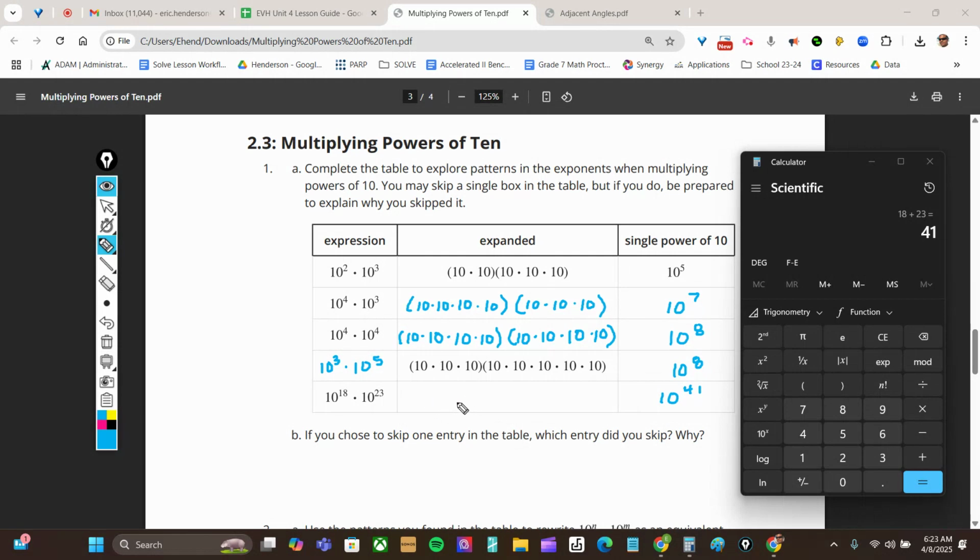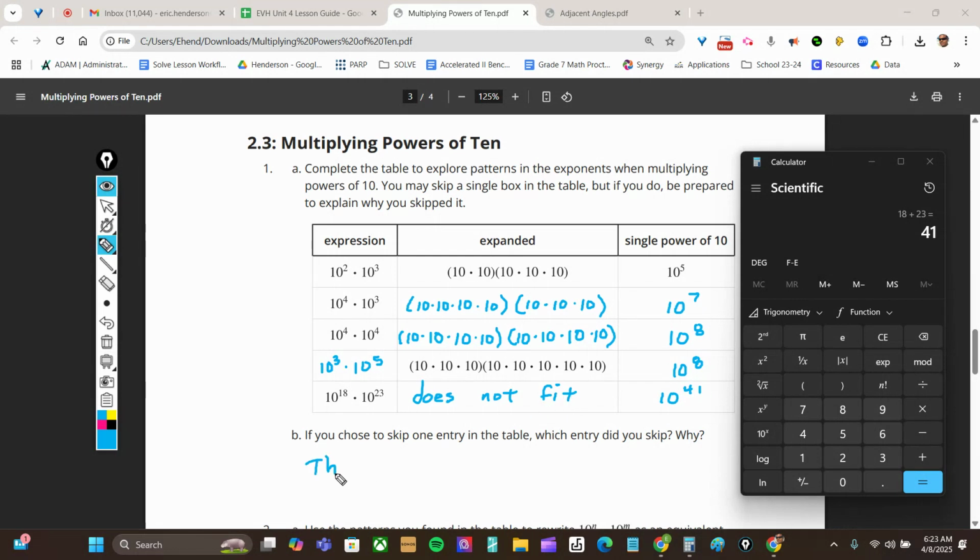Okay, so I don't know what to put in there. Not possible. Or let's say doesn't fit. Does not fit.